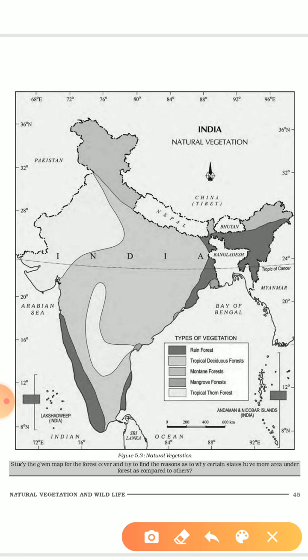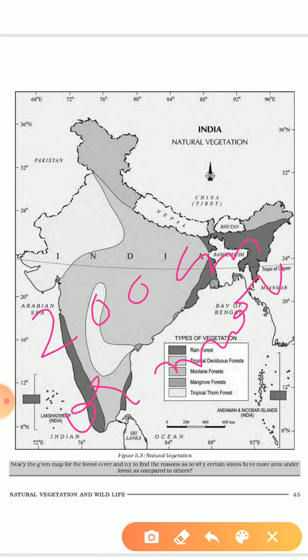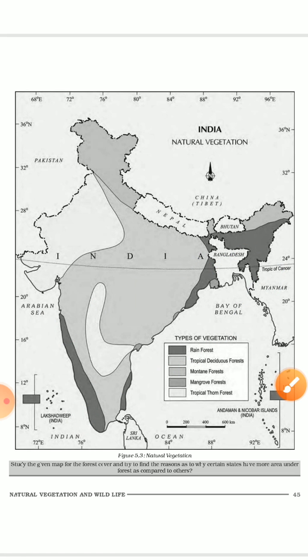Now these are the regions where the amount of rainfall, I repeat, the amount of rainfall is 200 centimeters or more, right? Hardly any dry season there. The height of the trees here is too much.